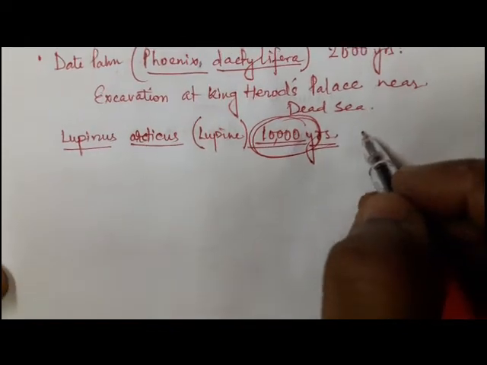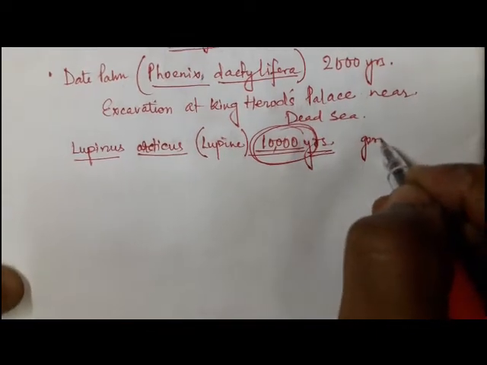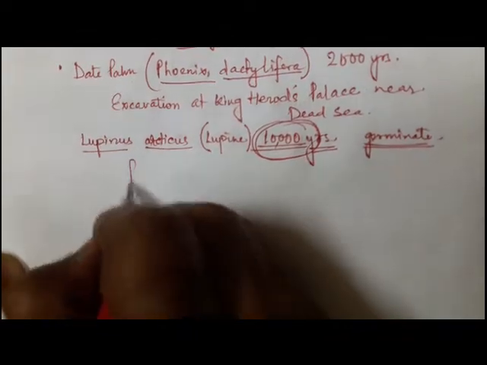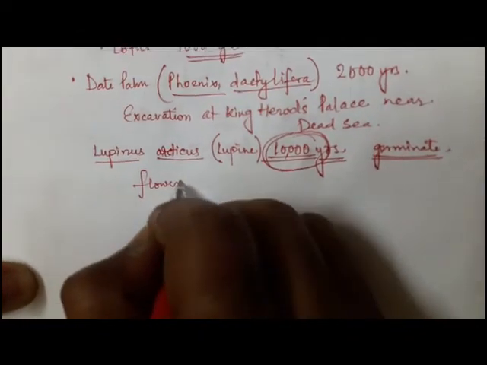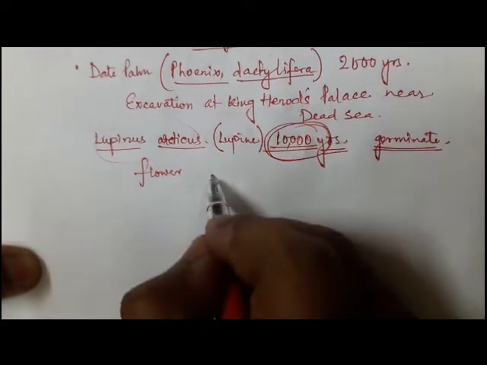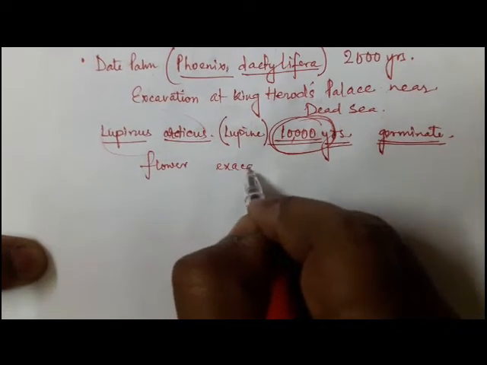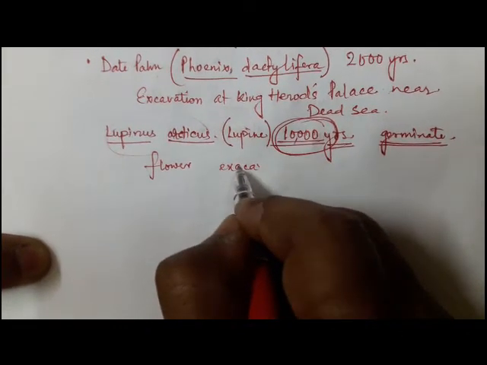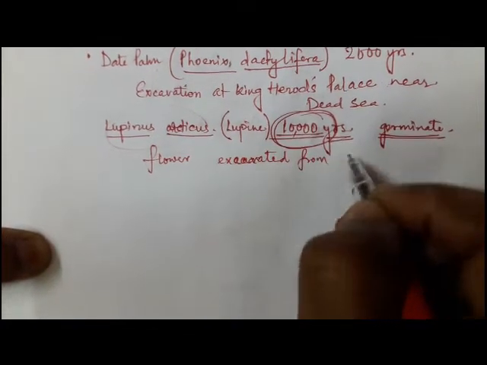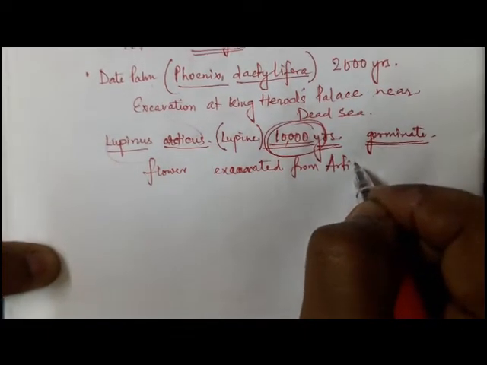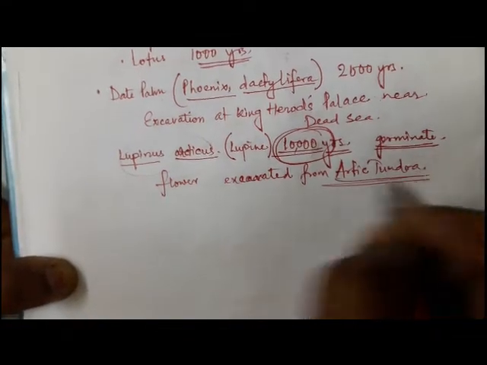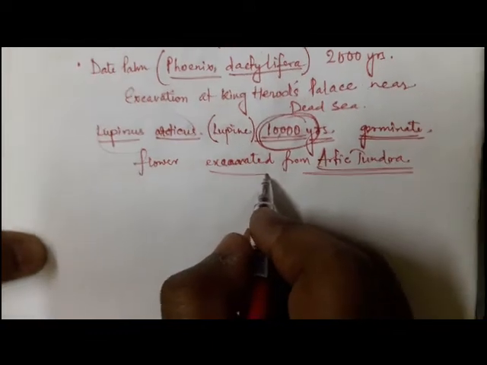The old seed was found to germinate, and not just germinate, it was also found to flower. This Lupinus arcticus was actually excavated from the Arctic tundra. This was the region where it was excavated, right?